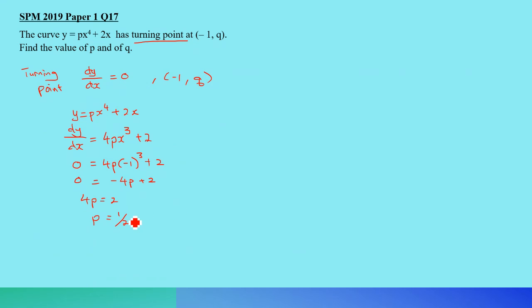Now how to find q? q is the y coordinate at the turning point. Since you already know your p, the function now will be y equals half, because p is half, x to the power 4 plus 2x. So when x equals negative 1, your y is given as q.